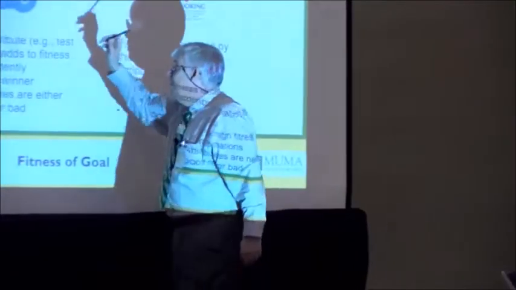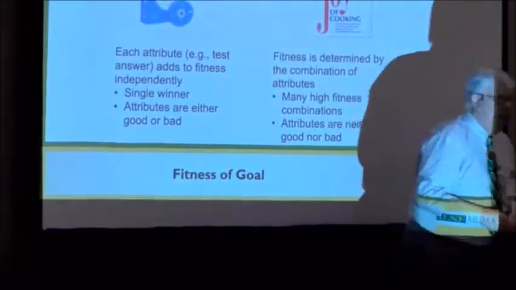the third type of complexity deals with the fitness of the goal that we're trying to achieve. And I call this extrinsic complexity because this is complexity as the environment is going to reward you or not reward you. Now, in a very simple, decomposable world, say the world of a test, if you've got a test with 20 multiple choice questions, are you always better off getting question 17 right versus wrong, all other things being equal?